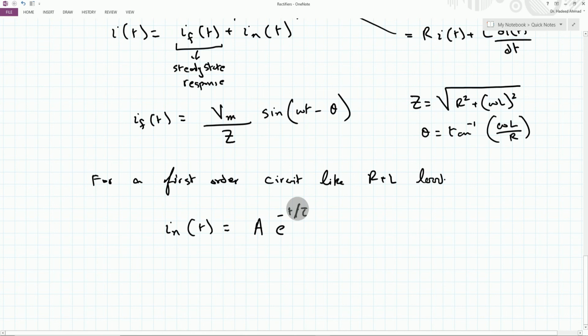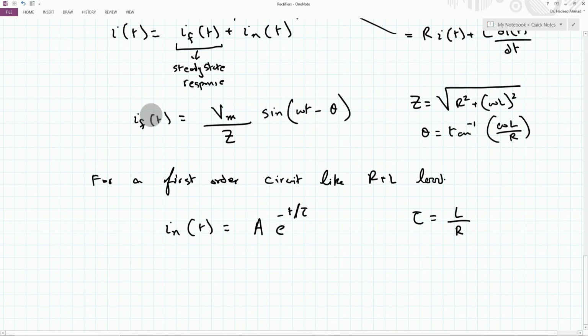Now this A depends on the initial condition of the circuit, and if we know the value of this A, the solution becomes a particular solution. Otherwise, it is a general solution for this first order differential equation. And remember that for an RL load, this tau is equal to L over R.